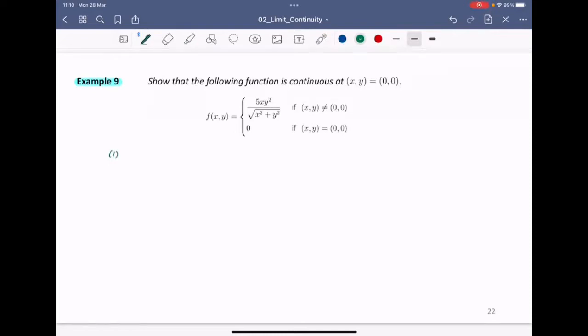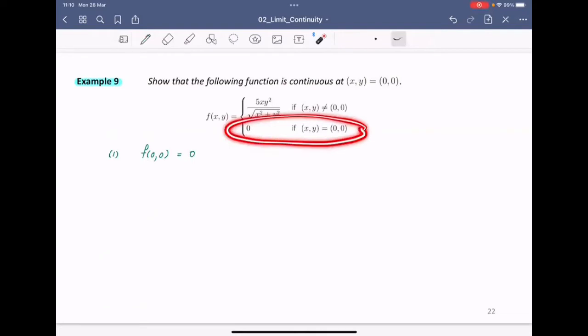For condition number 1, you need to check that f(0,0) exists. How do I know that I need to check this? The question asks you to check continuity at the point (0,0). So a is 0, b is 0. Which means you compute f(0,0) and this is 0, because you use the second function here, right? When (x,y) equals (0,0), you use this piece.